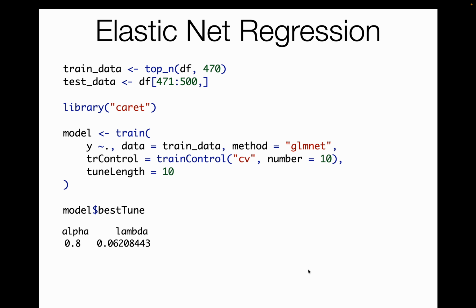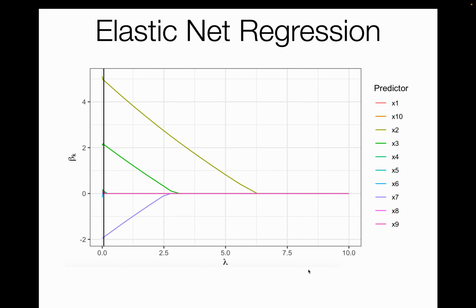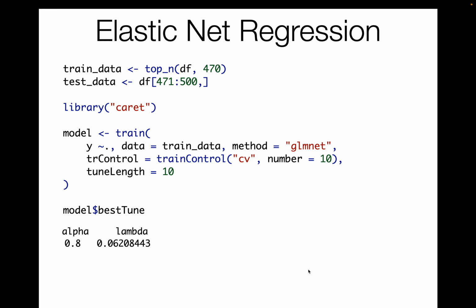Here is some code to help you tune alpha and lambda. Again, we'll go over this more later on. It's based on this code, which is, again, some of this cross-validation stuff.